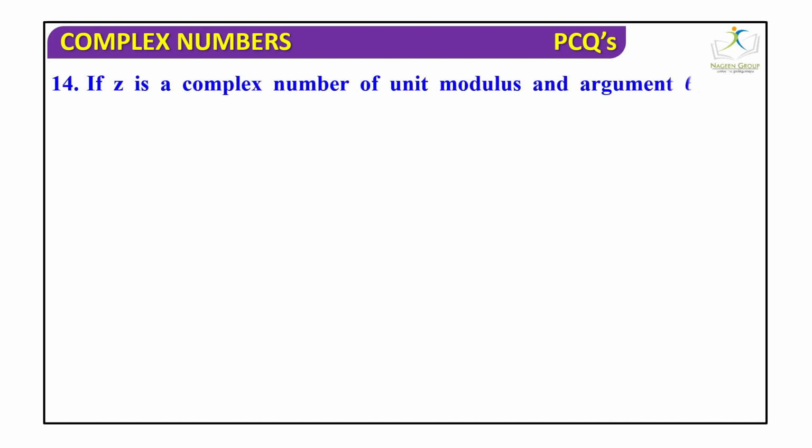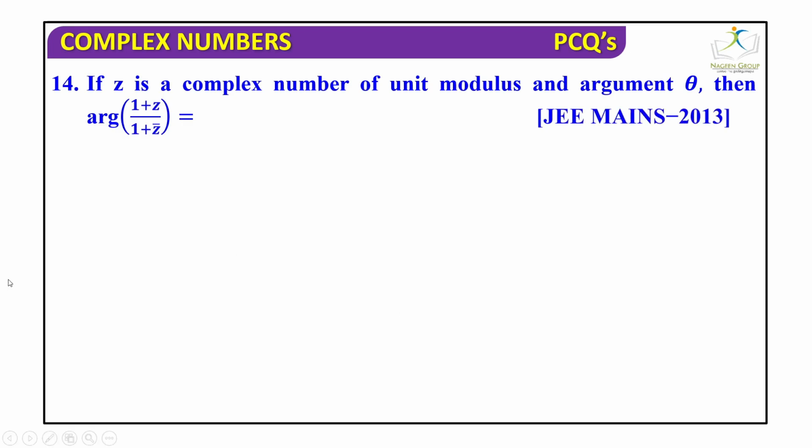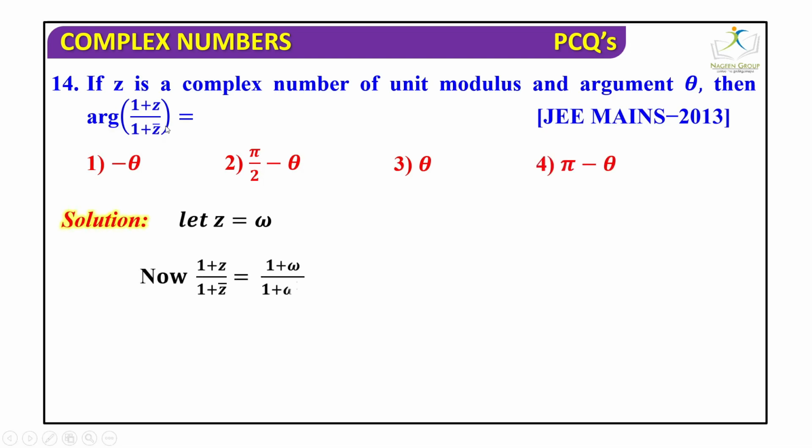Question is, if z is a complex number of unit modulus and argument is theta, then find the argument of 1 plus z by 1 plus conjugate of z, right? From here we first take z equal to omega, right? 1 plus omega divided by 1 plus omega square.